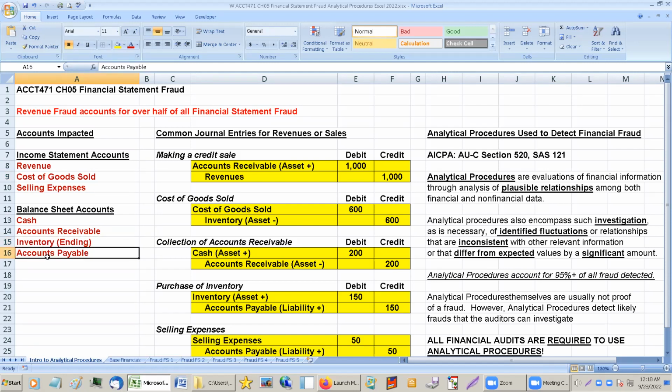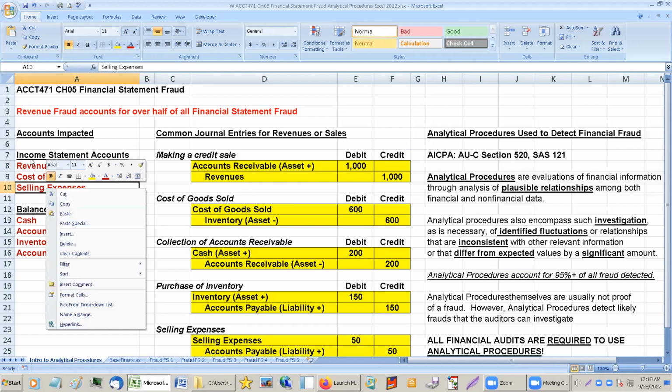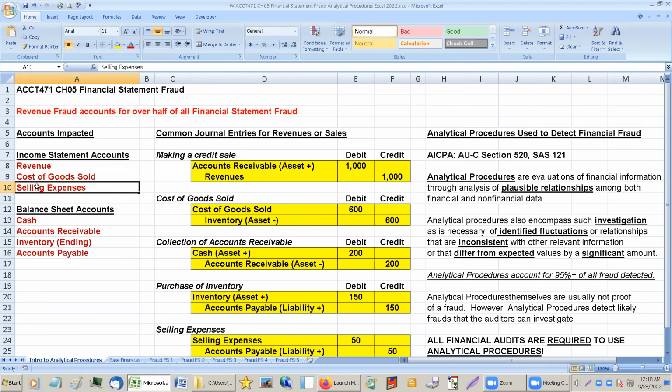How do you get inventory? Usually through accounts payable. You buy it on credit. And things like selling expenses usually go hand in hand with revenue. How do you sell more products? Well, you advertise more, or you pay more in commissions, or whatever it is. And so these are the journal entries you normally see for something related to revenues.